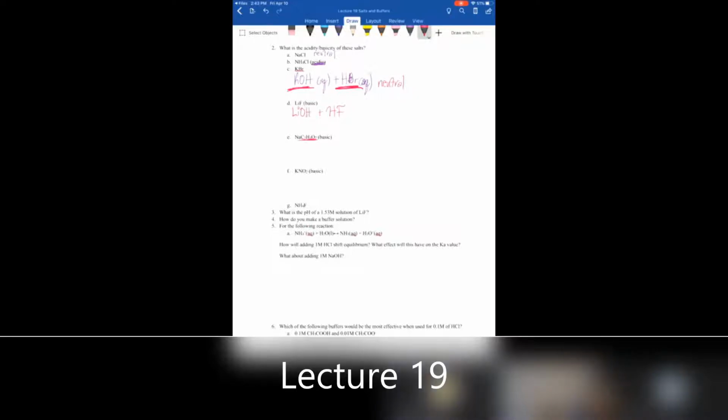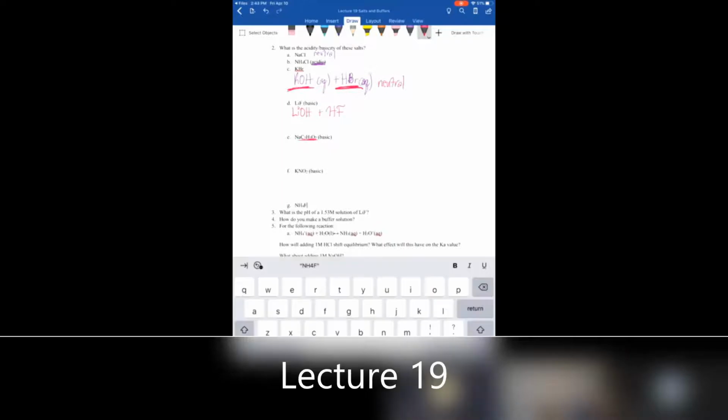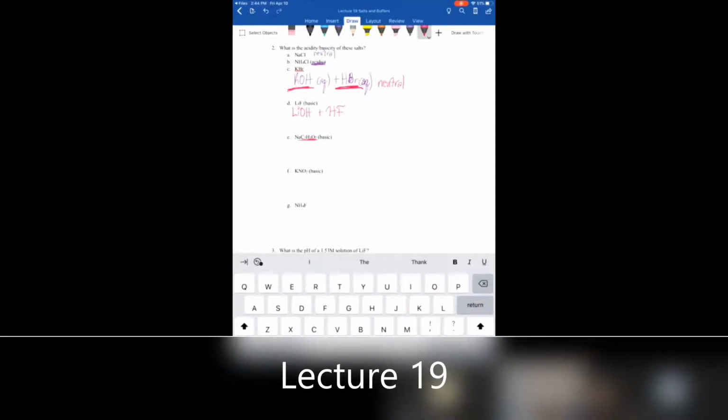But it has to be very specific. Like H2SO4 is strong, but H2SO3 is not at all. So it really does matter. So remember your strong acids and strong bases, because then everything else is weak.